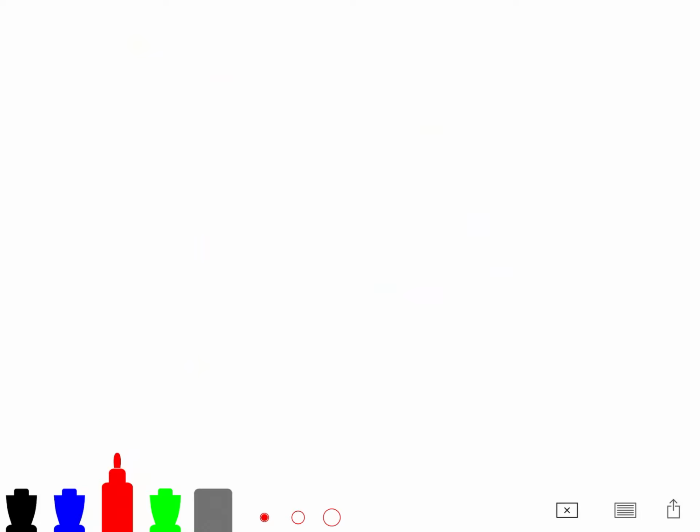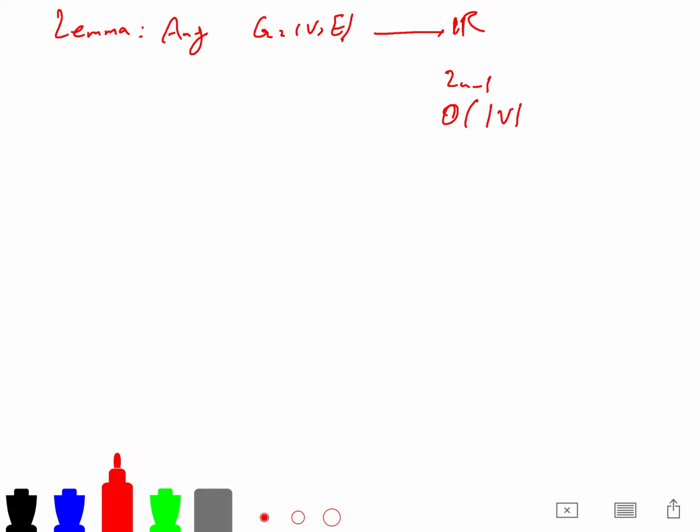So I want to summarize the result by the heart of that, which is the lemma, which says any shortest path metric over an unweighted graph G can be embedded into a line with distortion at most 2n minus 1 and in time order of cardinality of V plus cardinality of E.